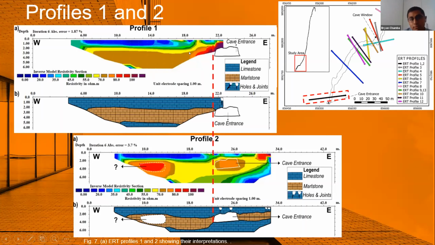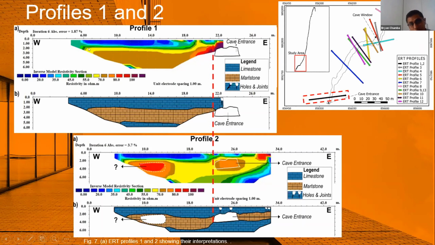For that reason, we created profile number 2, and in this profile, we could detect the cave. But it's really interesting to analyze profiles 1 and 2 together because we could see that these profiles match with the interpretation. First, here we have a conductive layer that corresponds to the limestone.